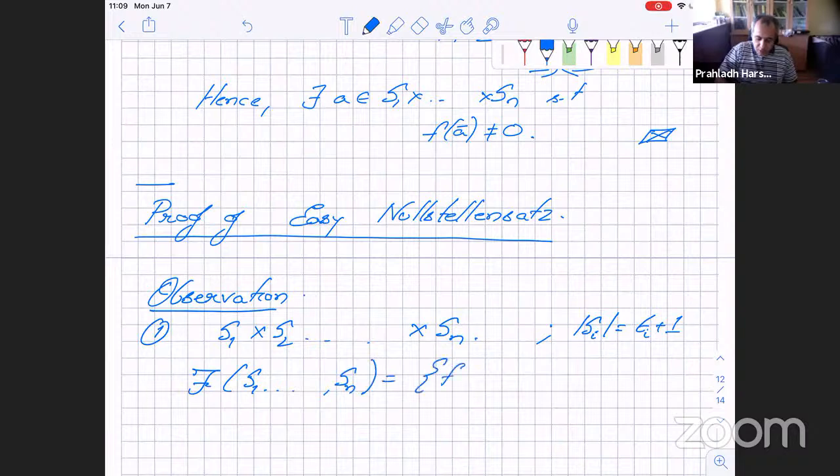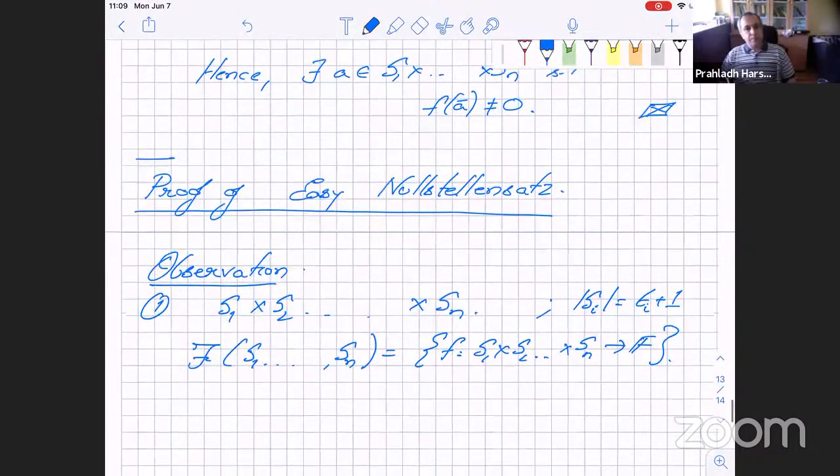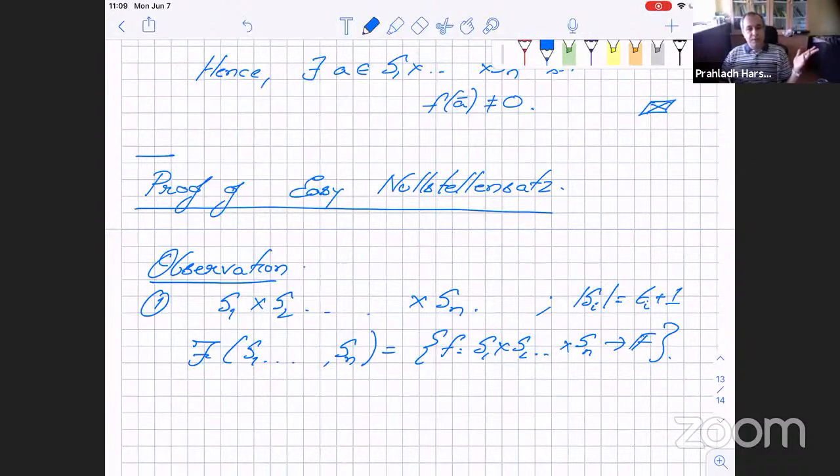This is the set of all functions on the grid. Let's look at this space. This is a vector space because I can take two such functions, add them pointwise, and I'll get another function. I can multiply it by a scalar. Let's call this F1, and F1 is an F vector space.